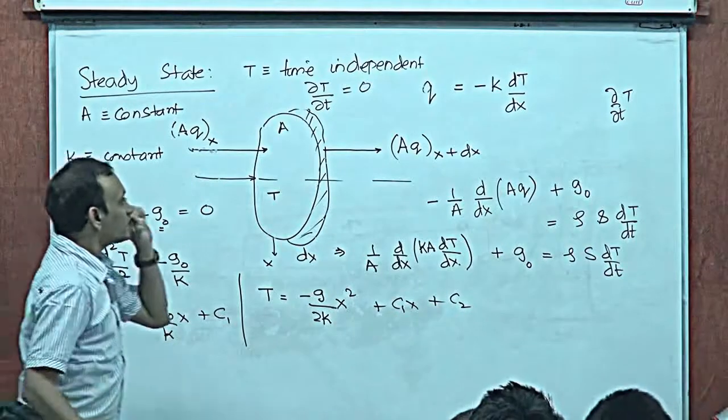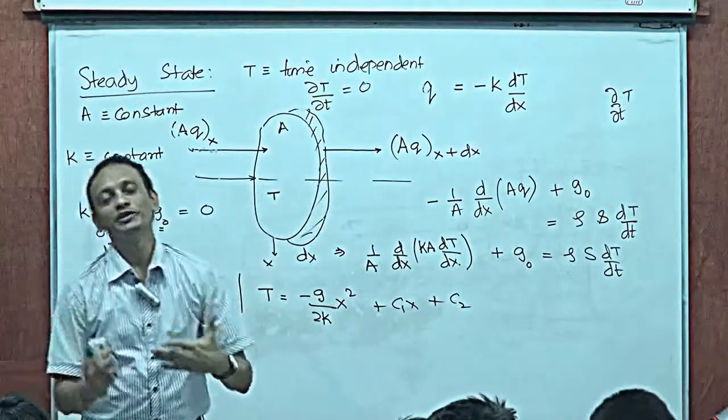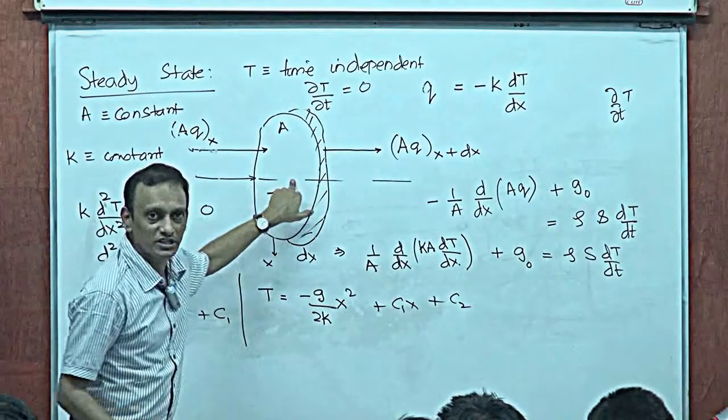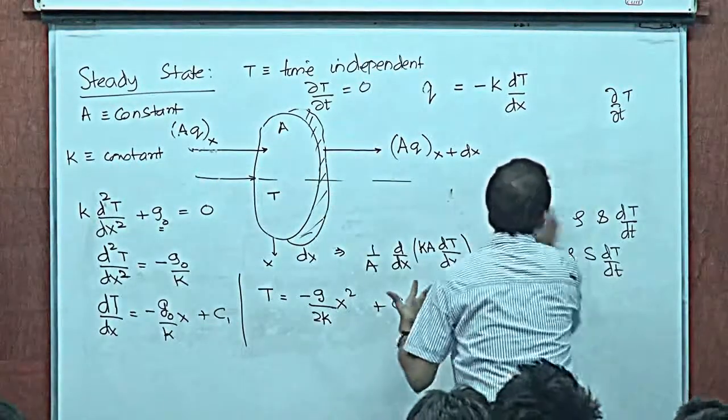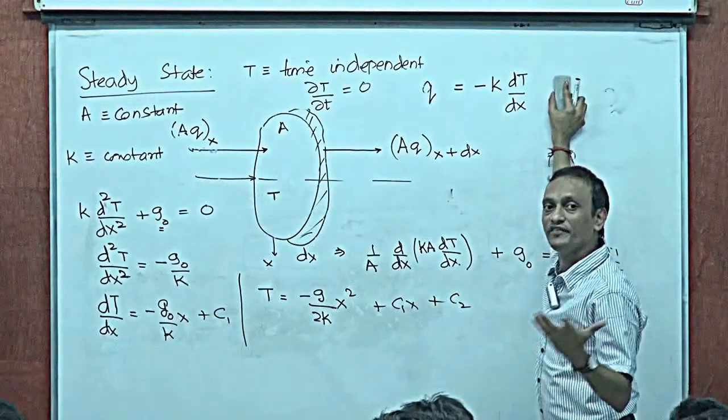See, if there is no internal heat generation, when would it not be parabolic? When would it just be a straight line?